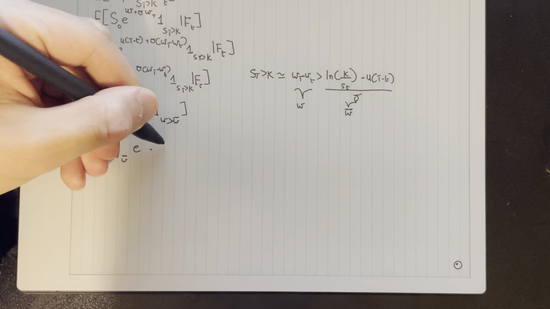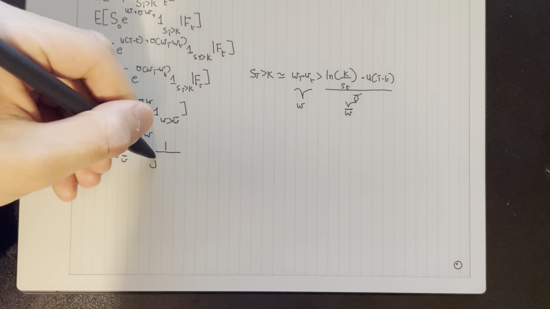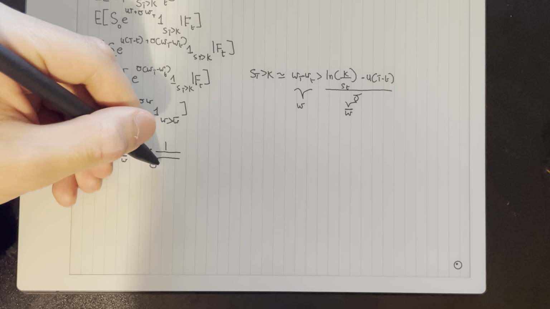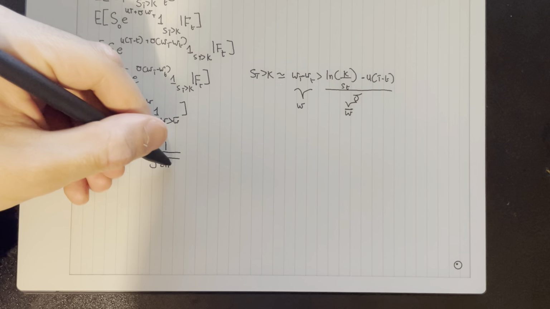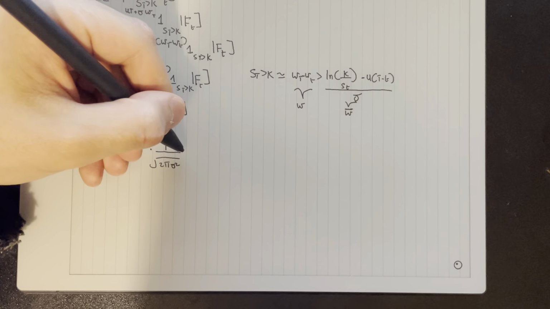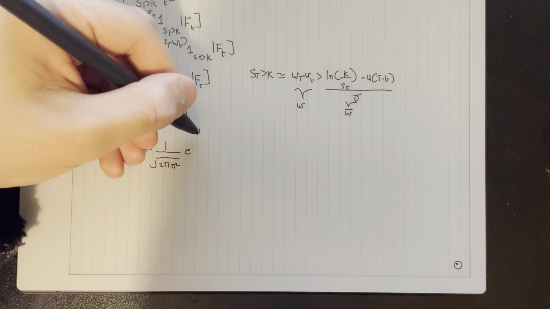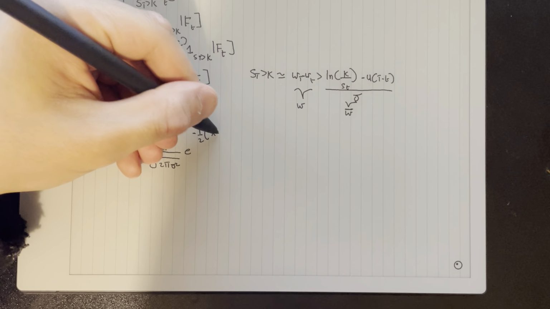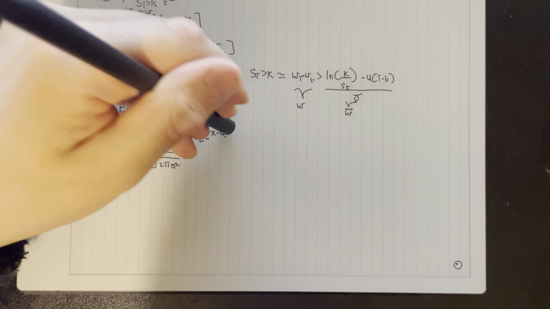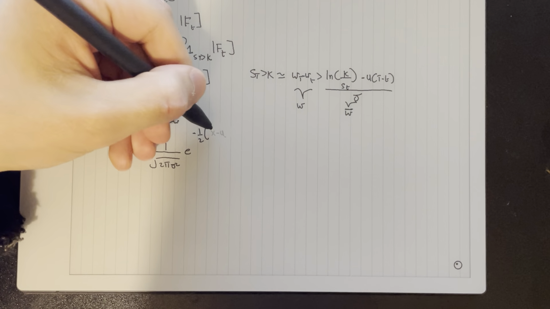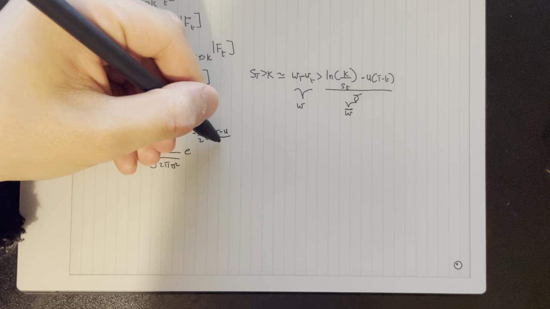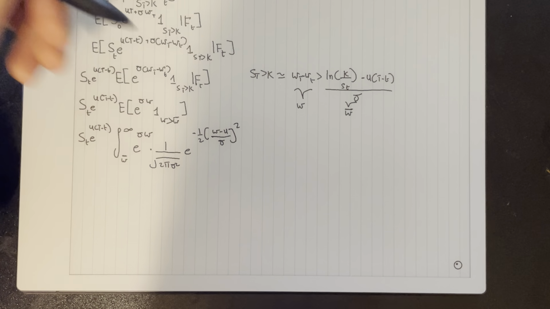Therefore, we will multiply this by the PDF of normal, which is 2 pi sigma squared e to the power of negative a half x minus mu, W in this case, minus mu, divided by sigma, all of which is squared.